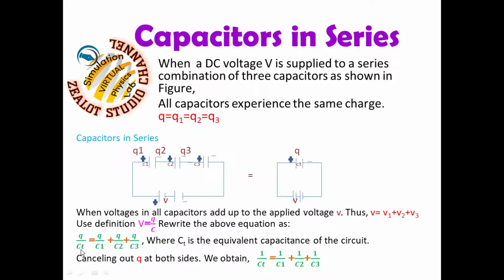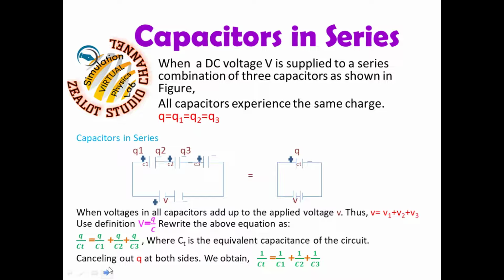Q total is Q here, and C total is the total capacitance. So V is equal to Q over C total, which equals V1, meaning Q over C1, plus V2, meaning Q over C2, plus V3, meaning Q over C3, where C total is the equivalent capacitance of the circuit.